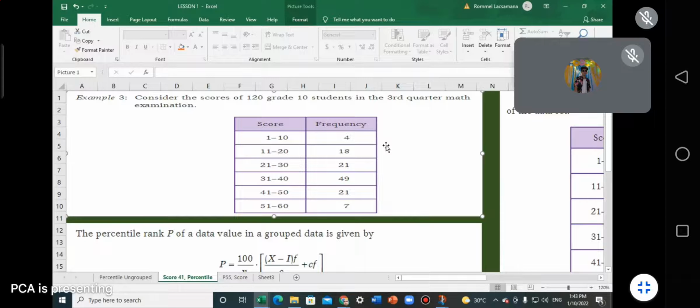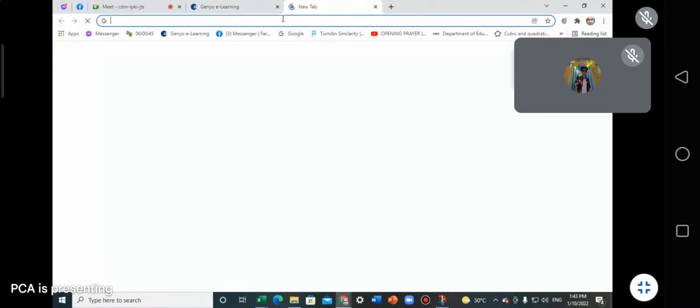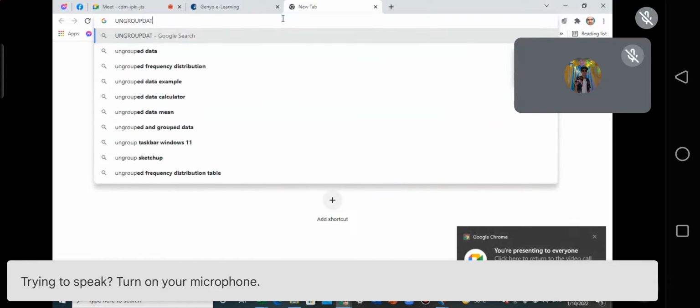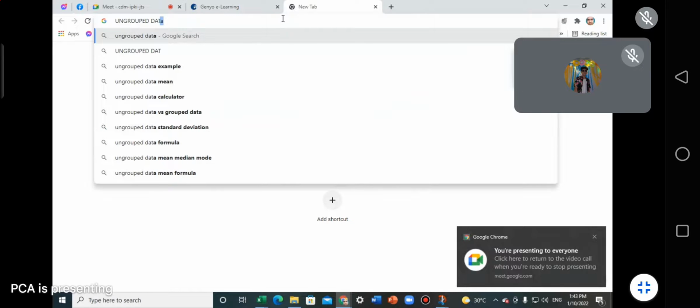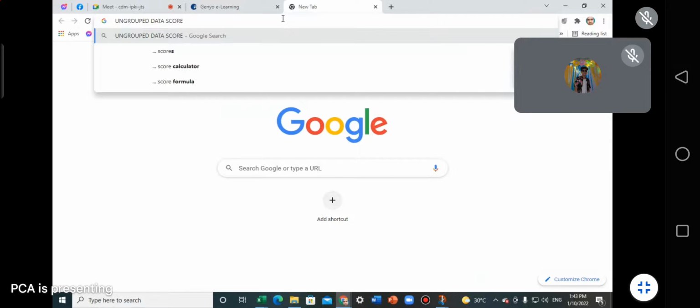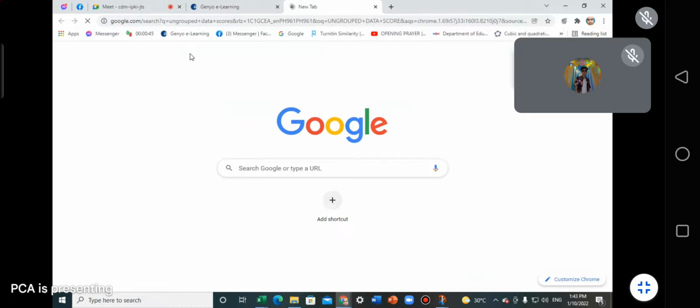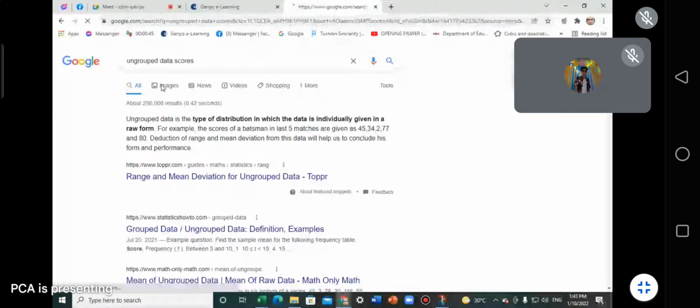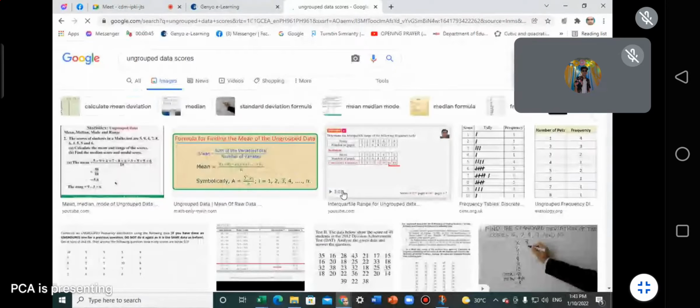Because basically the raw score or raw data is ungrouped. If you see a frequency distribution table like this, for instance, before that, ungrouped data. Let's search ungrouped data scores in Google. Let's have the images of ungrouped data scores.